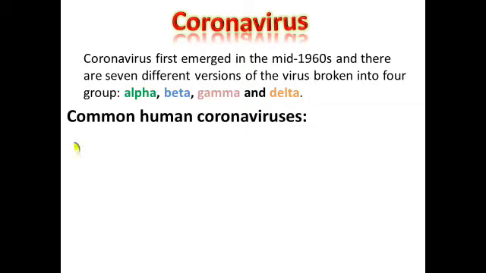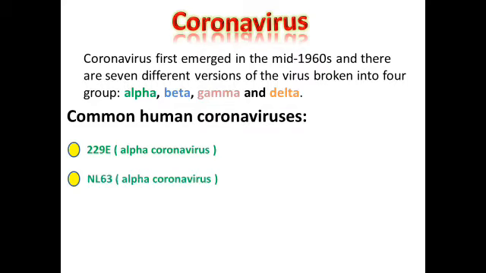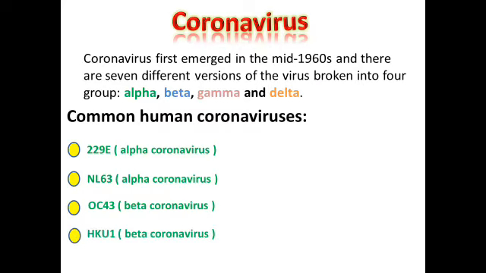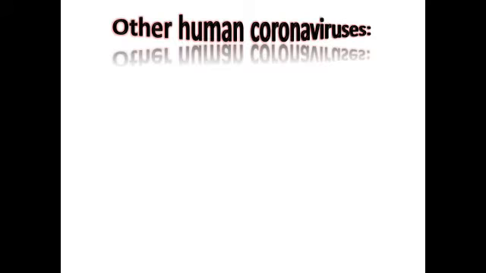There are many coronaviruses that attack the human body, like 229E alpha coronavirus, also NL63 alpha coronavirus, also OC43 beta coronavirus, and HKU1 beta coronavirus.